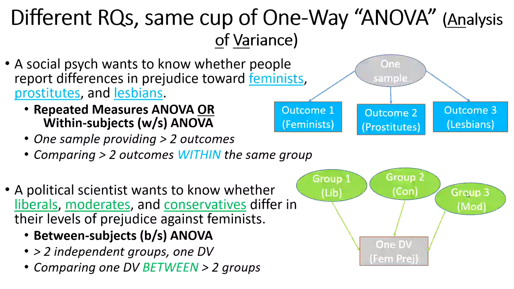Unfortunately, when we get to the SPSS output, things are going to feel a lot more complicated than they actually are. But if you can first master conceptually the leap from the t-test to ANOVA here, you're in good shape. But just forewarning you, once we get into the SPSS output, things are going to feel a lot more complex and complicated than they actually feel here.